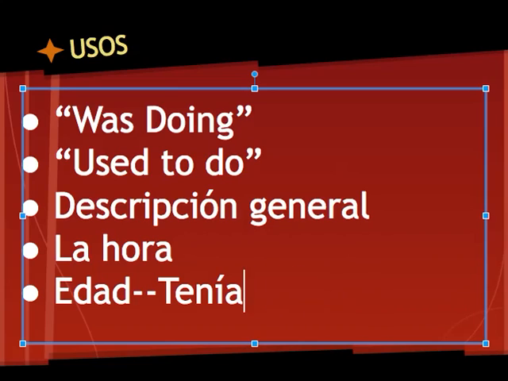So think about this. If the preterite is what was done or what happened, the imperfect is everything else. It's the description. It's the imprecise, things that were happening, things that used to happen. General description, time, and your age, right? It's really important to keep in mind these uses.